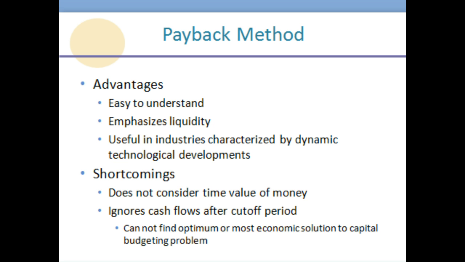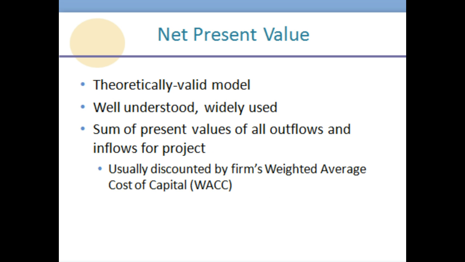Let's move into net present value. In this method, the cash inflows are discounted at the firm's cost of capital or some variation of that measure. If the present value of the cash inflows equals or exceeds the present value of the cash investment, the capital proposal is acceptable.